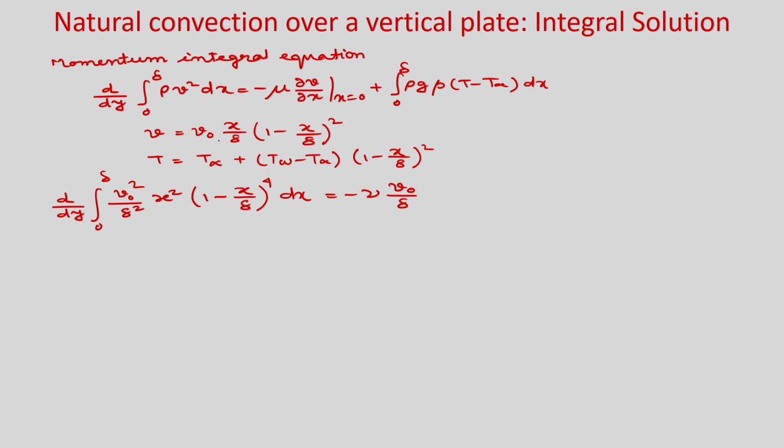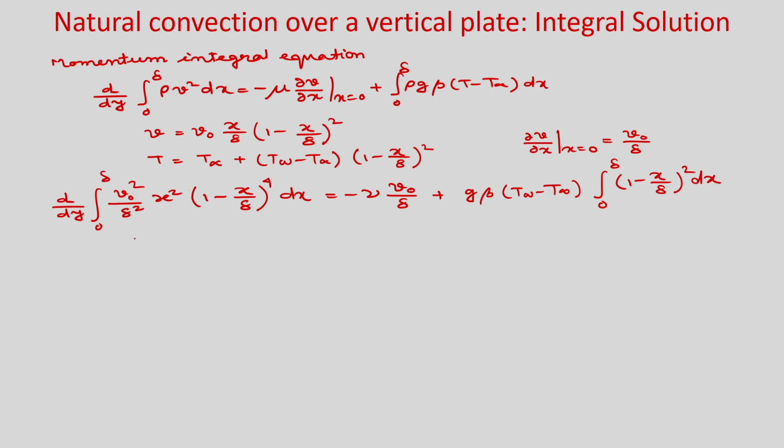So, if you find del v by del x from here, then at x equal to 0 you will get v naught by delta. Okay. And plus the buoyancy term. So, if you put the buoyancy term, you will get g beta, we have divided by rho already, (T w minus T infinity) integral 0 to delta (1 minus x by delta) square dx.